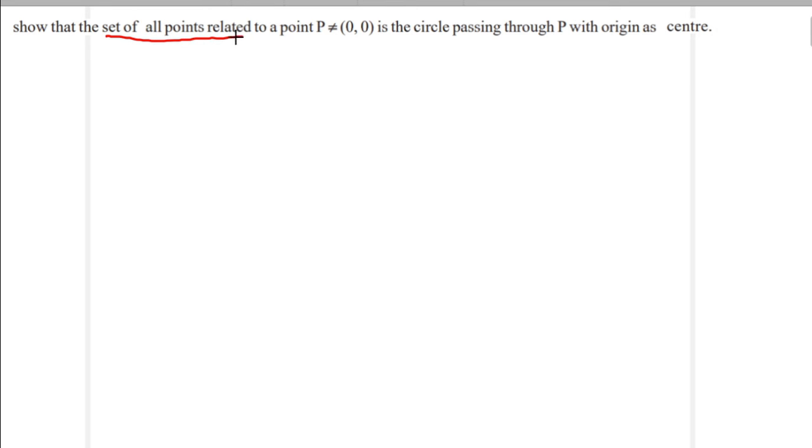Here, a point related to P: that means if you take one point in this set, that point is related to P. Related to P means the relation (P, Q) belongs to R means OP equal to OQ, where O is the origin. That is the relation. So we can take A as the set of all points in the plane.